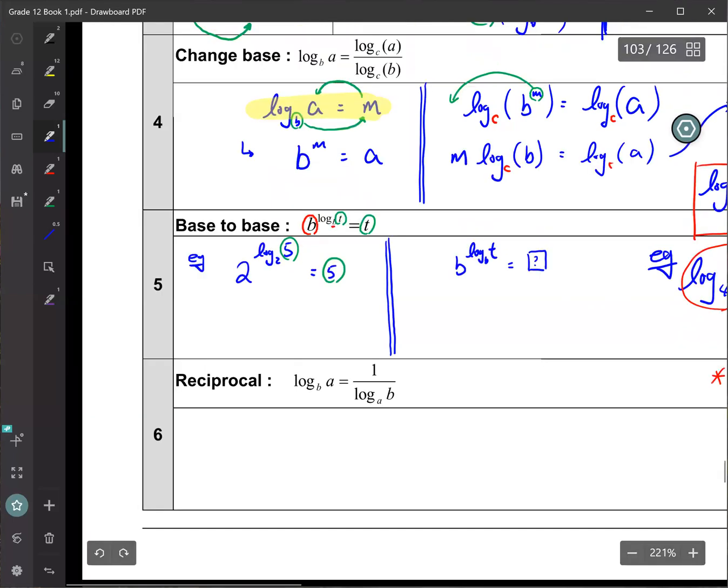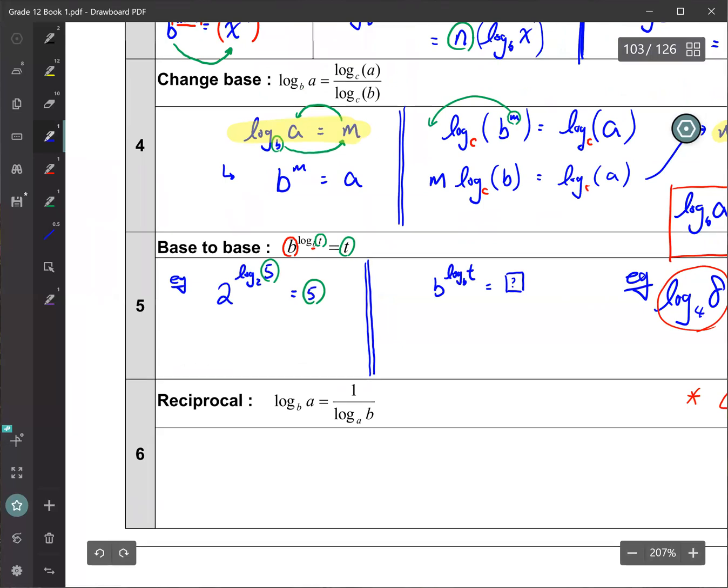So I'm going to borrow the same way that we did on the last log. I'm going to log on both sides. So log on the left and log on the right side. And then I'm going to choose the base of the log I put on.